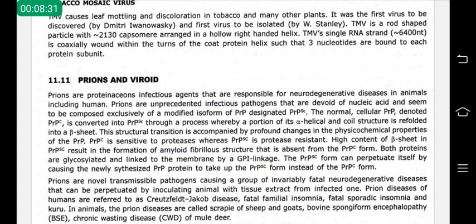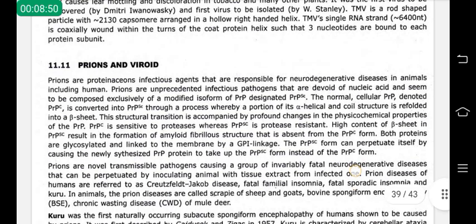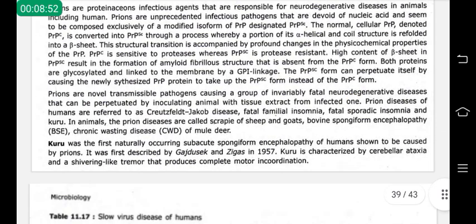The normal cellular PrP, denoted PrPC, is converted to PrPSc through a process whereby a portion of its alpha helical and coil structure is refolded into a beta sheet. The structural transition is accompanied by profound changes in the physicochemical properties of PrP. Prions are novel transmissible pathogens causing a group of invariably fatal neurodegenerative diseases that can be transmitted by inoculating animals with the tissue extract from an infected one.